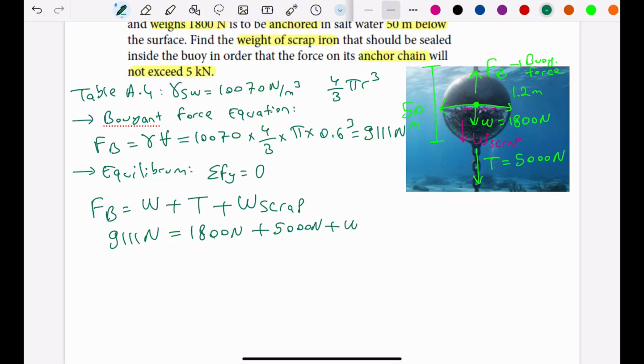Plus we have weight of scrap. And the scrap will be equal to 2,310 Newton.